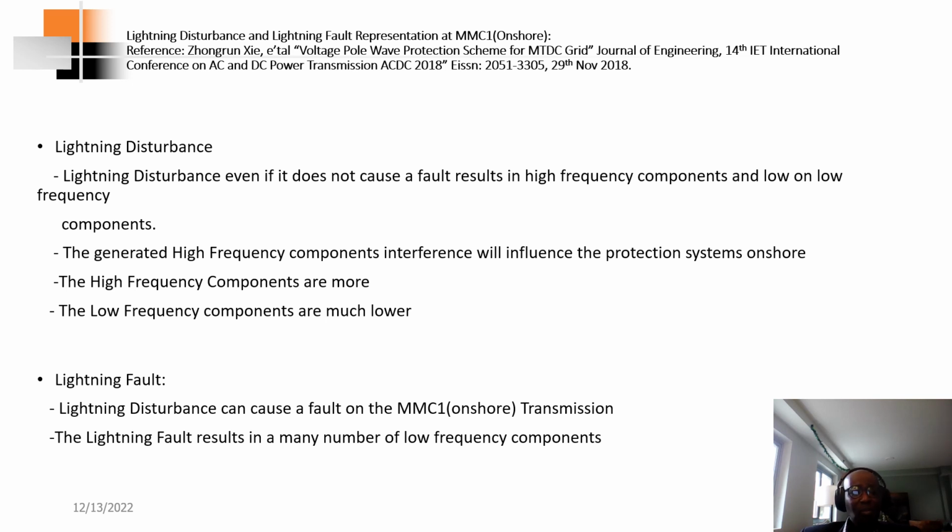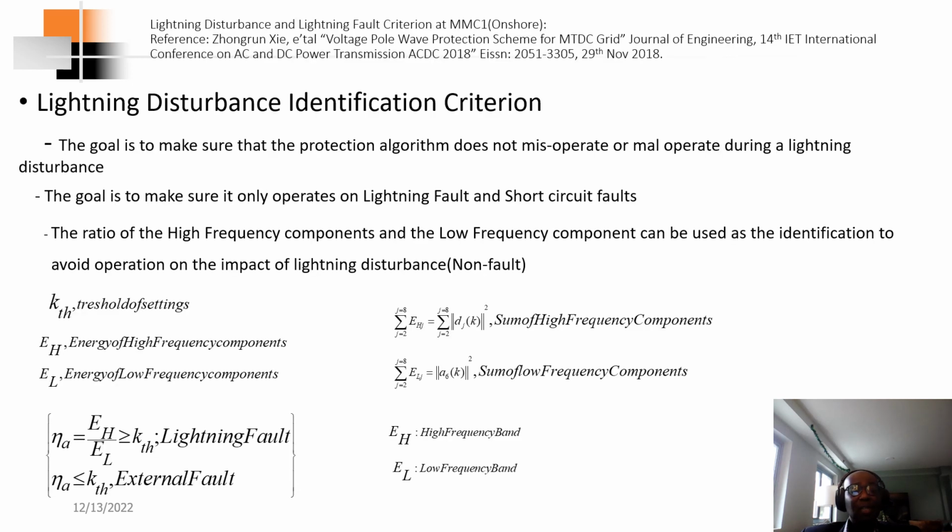When the lightning fault occurs, it results in many of the low frequency components. So we can utilize these features and generate formulas to detect and distinguish between lightning disturbance and actual fault.